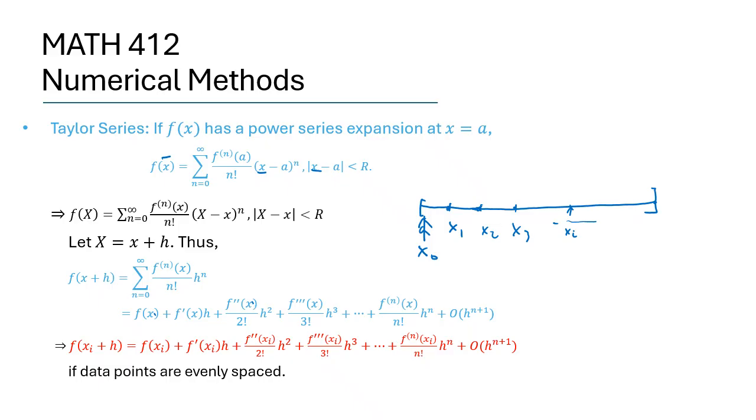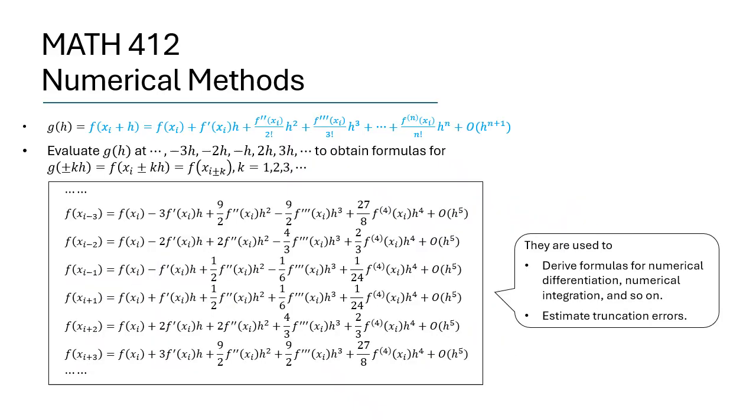Okay, with this formula we just derived, xi is constant. Therefore, which thing is a variable in this expression?